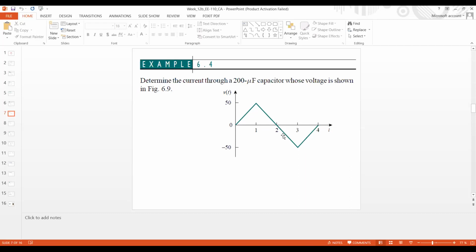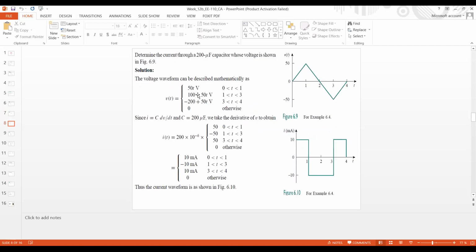Any two points will be enough to find the equation of the line from interval 1 to 3. And for the last interval, I can use 2 points like 3, minus 50 and 4, 0. So the equations of lines for the three intervals come out to be this.